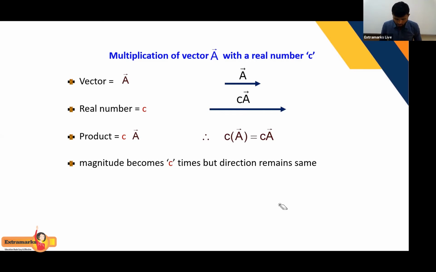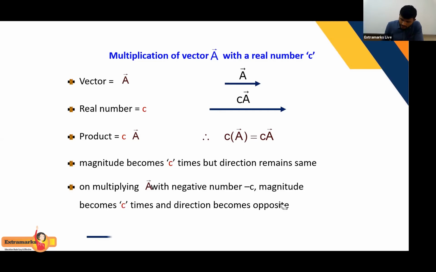So in this case, let's say there is a vector A which has this much length, and there is a real number C. When I multiply the number C to the vector, you can see it becomes C A, C times the vector A. So when you multiply any vector with a constant C, the magnitude of the vector changes, but the direction remains the same.